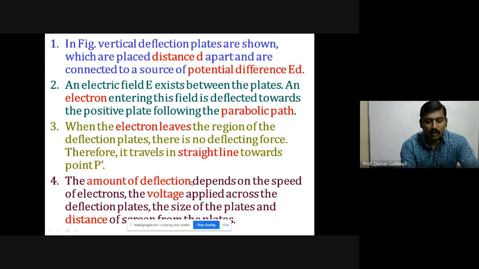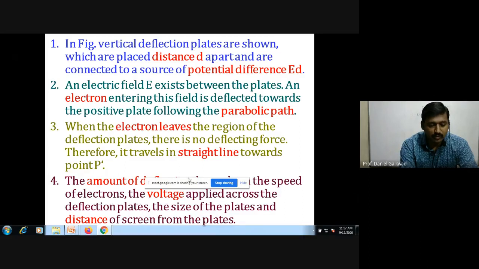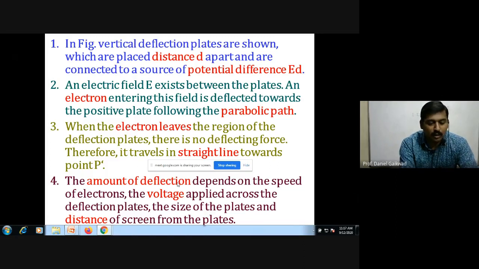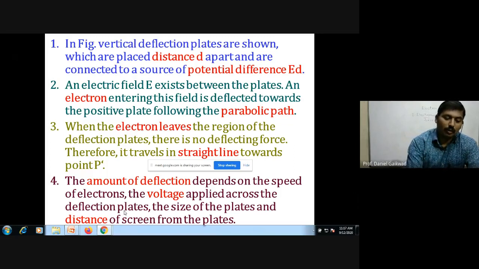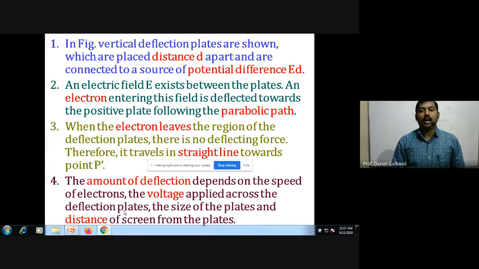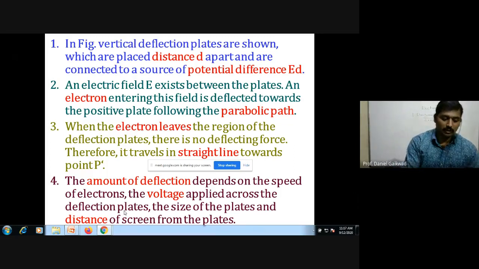The amount of deflection depends on the speed of the electron, the voltage applied across the deflection plates, the size of the plates, and the distance from the plates. So on which factors does this deflection depend? There are three factors. The amount of deflection depends upon the speed of the electron. That speed depends indirectly on the accelerating anodes, which we already explained in the first lecture.